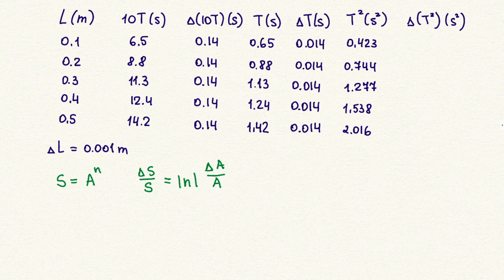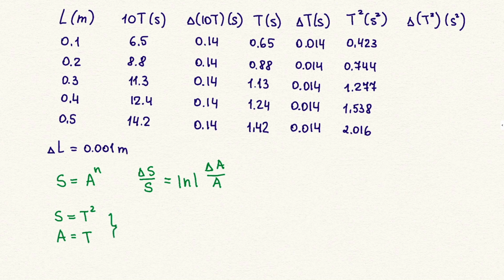So how do we apply this formula in our case? In our case, our s is our period squared because that's what we want to find the uncertainty of. And the measurement a is just the period.